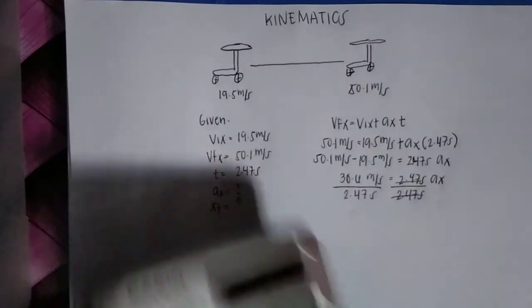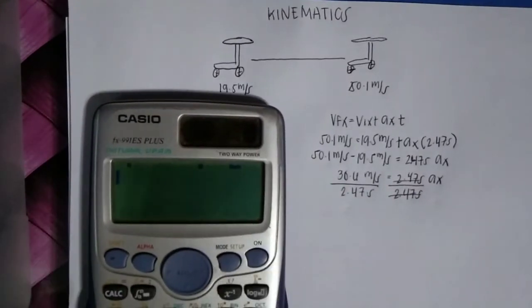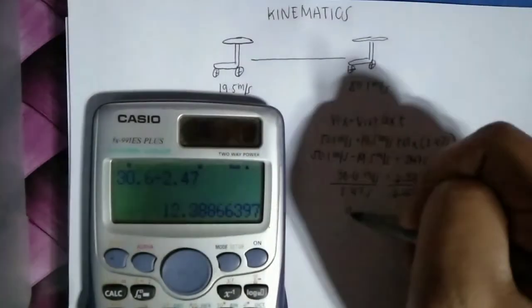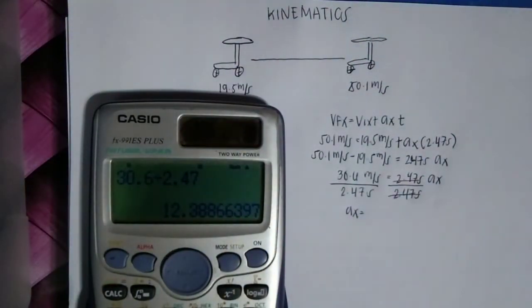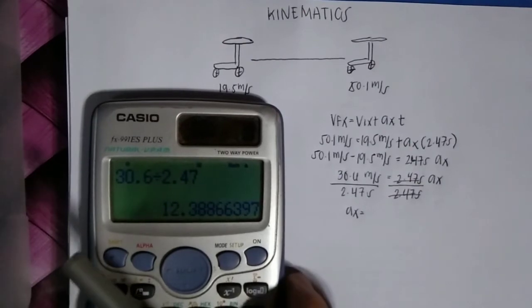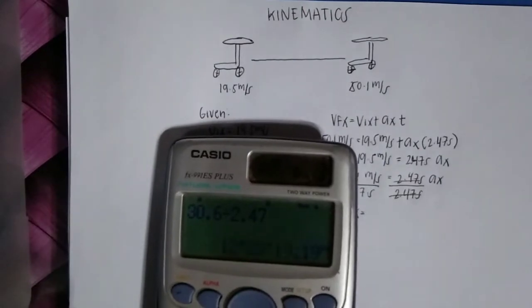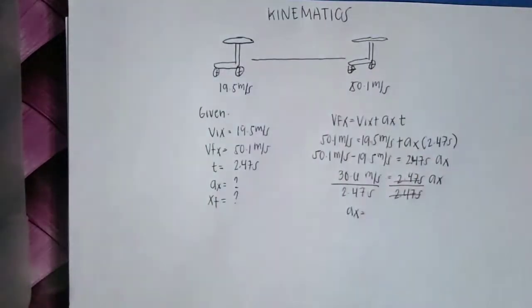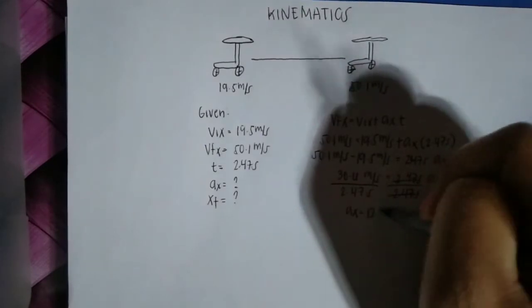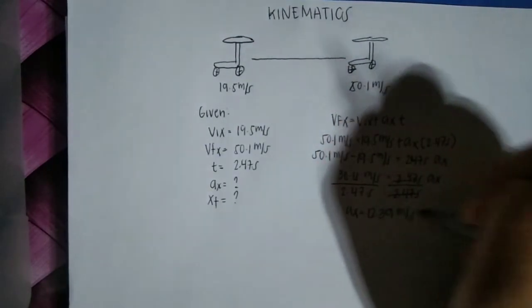So, let's do it. 30.6 divided by 2.47. So, ang value ng acceleration ay is equal to 12.39 meters per second squared.